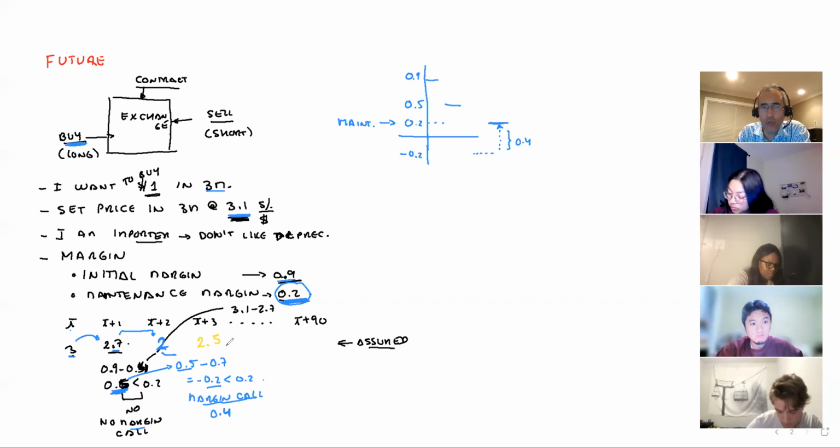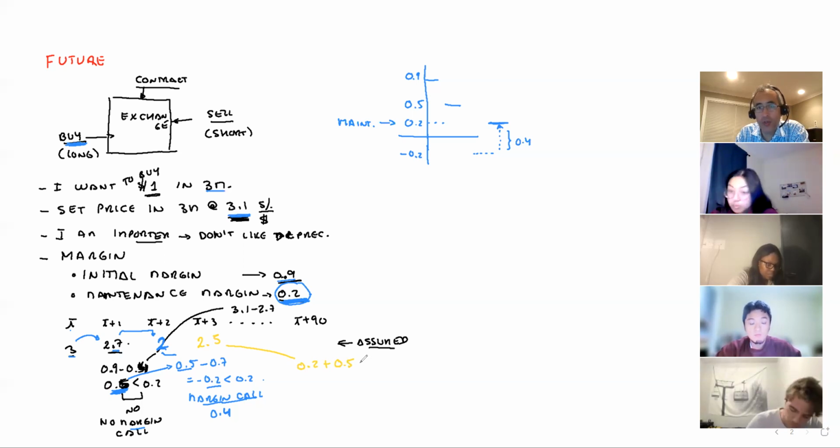Okay, so how do we analyze this one here? My initial margin was 0.2 because if I put in 0.4 plus minus 0.2, I go to 0.2, agree? Plus 0.5. Do you agree?